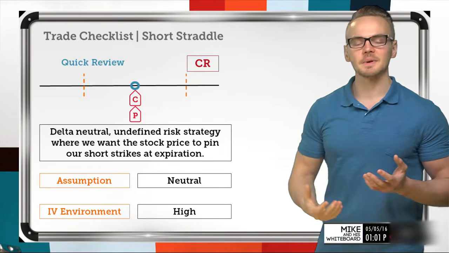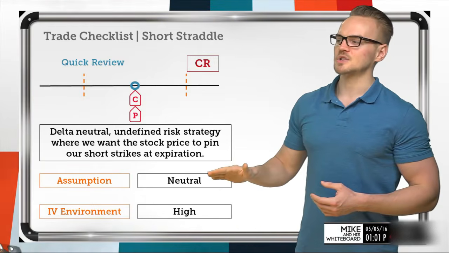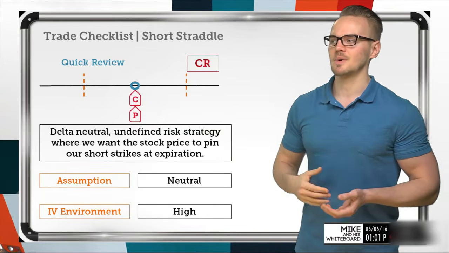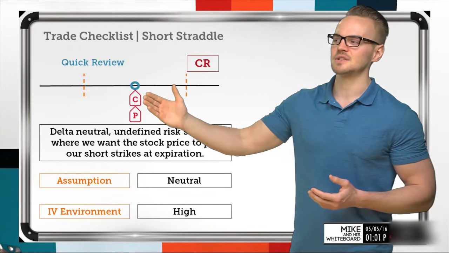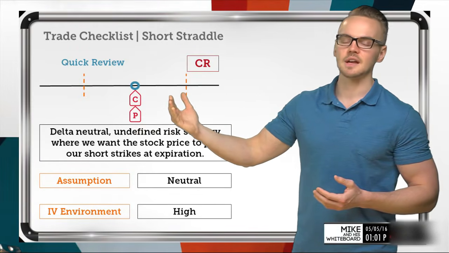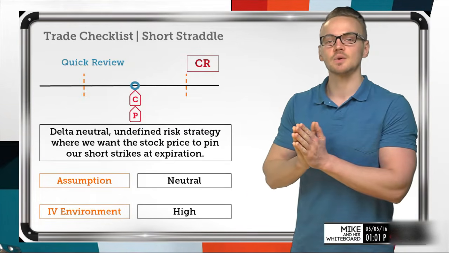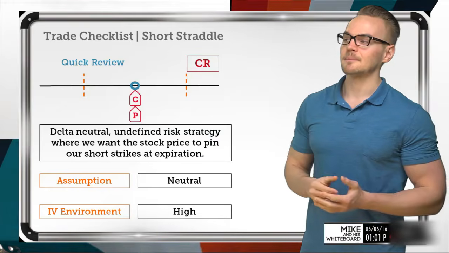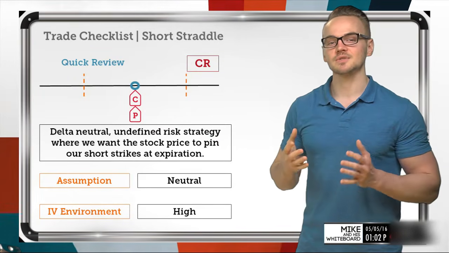We're going to talk a little bit about some of the benefits and cons of that, but really what we want to make sure is that we've got a neutral assumption when we're deploying this strategy. We can't really skew this in any direction unless we move these strikes entirely to the upside or the downside, where we might need that stock price to go to those strikes, because at the end of the day, this strategy is going to be most profitable when the stock price is right at our short strikes at expiration.